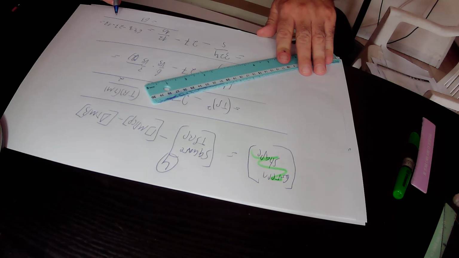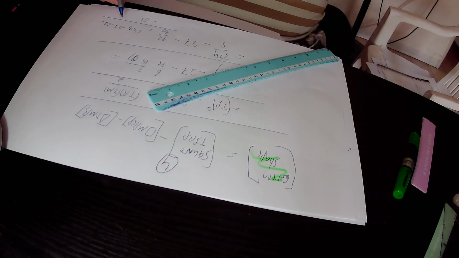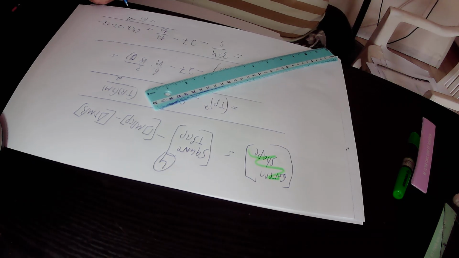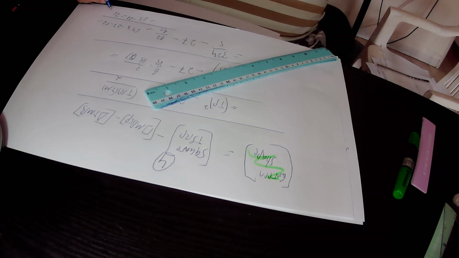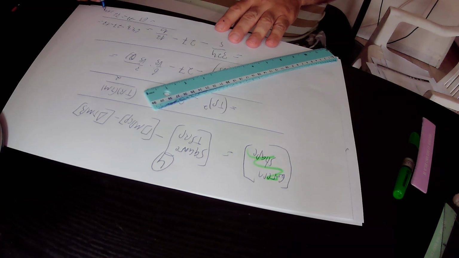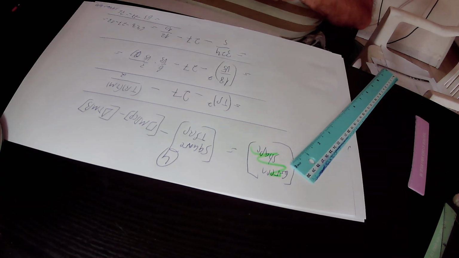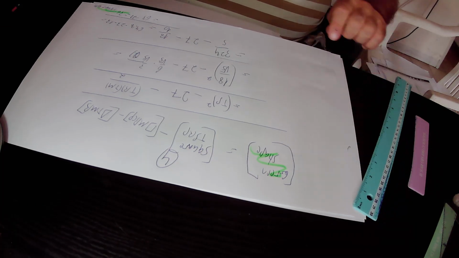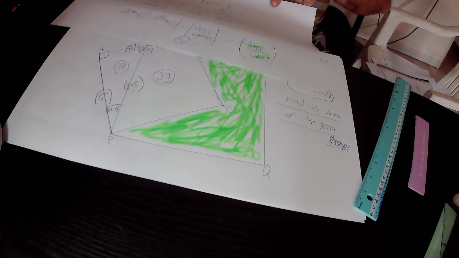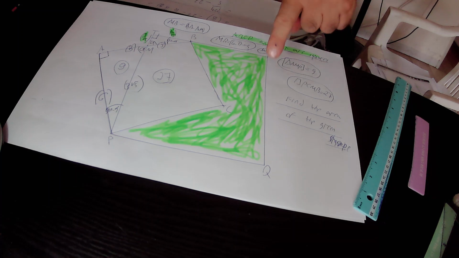So in total this number equals 63 minus 27, and 63 minus 27 is 36 square units. So if you are looking for the area of this green shape, in total it is equal to 36 square units in size.